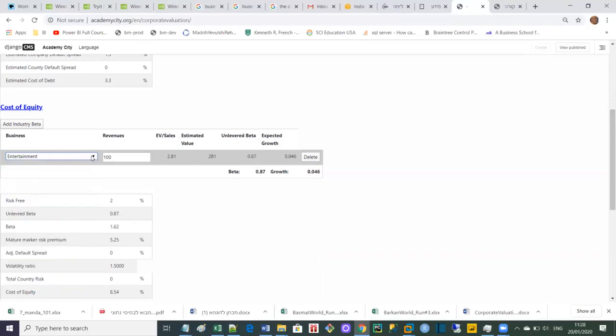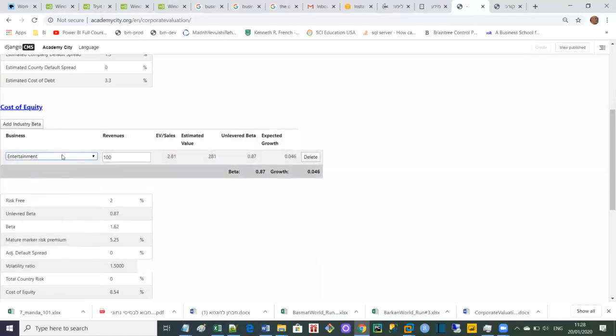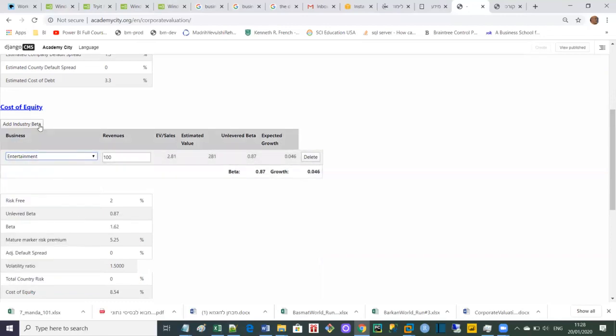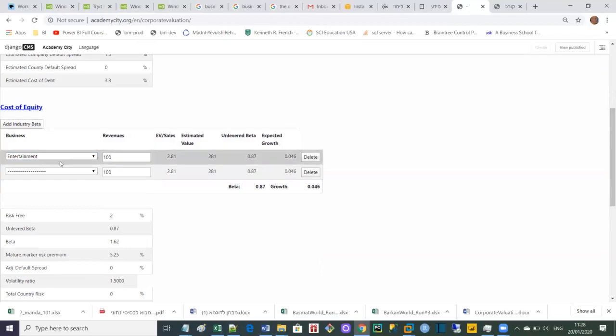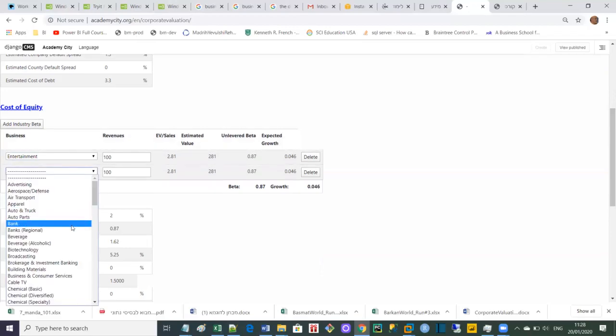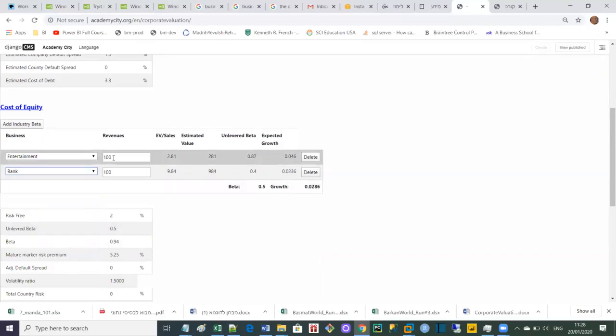In case there is more than one, I will just add another row, just by clicking Add Industry Data, and here I could choose another industry. The amount I'm supposed to write here is the total revenue the company is making in each segment.